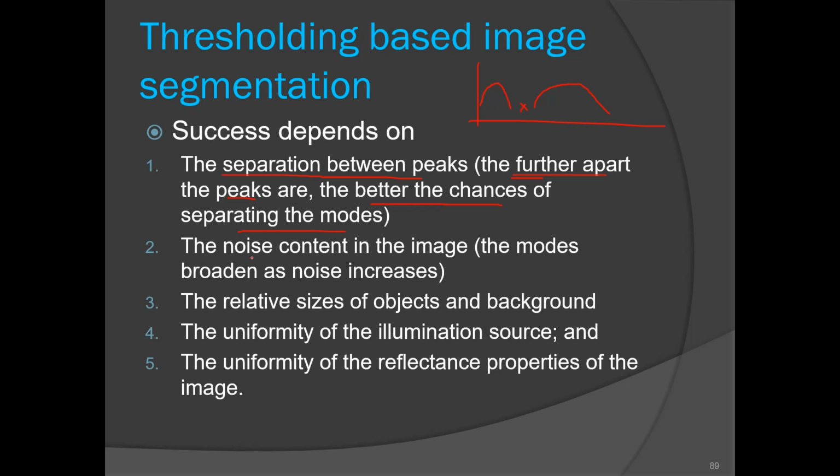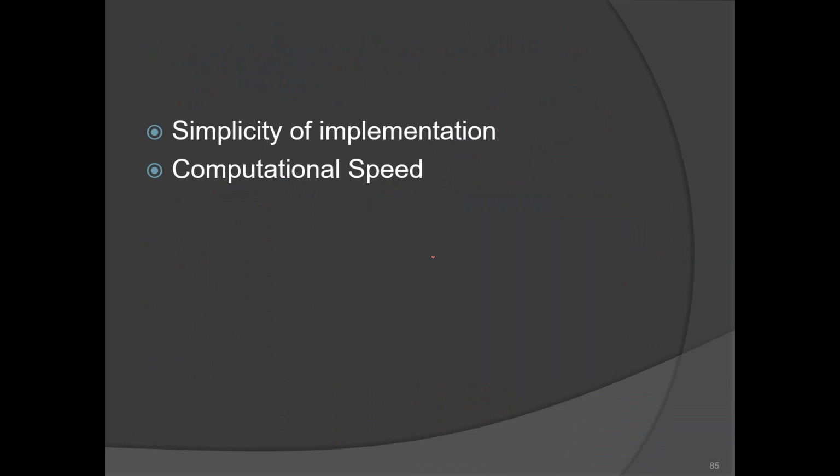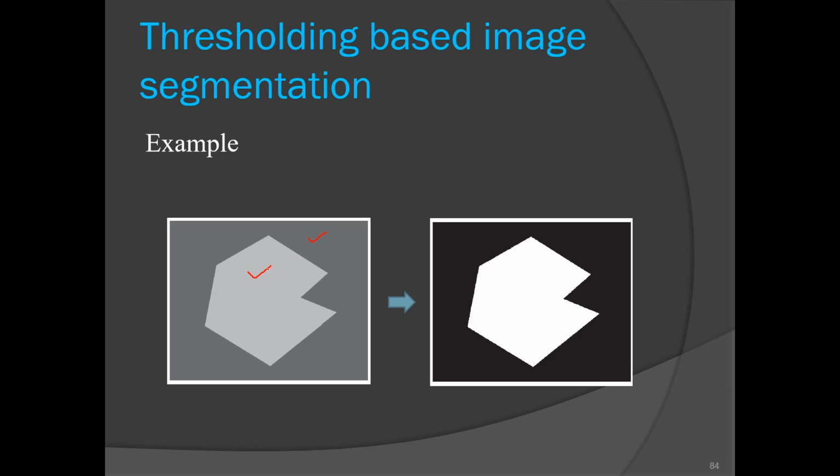The second one is the noise content of the image. So what happens when you have noise in an image? Let me show you the previous example. If we have zero noise in this given image, then for the object you will have one spike in the histogram, and for the background you will have one spike.